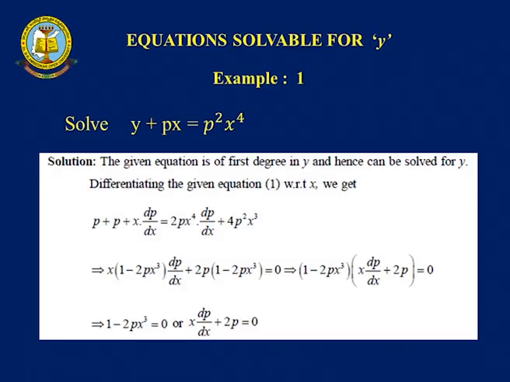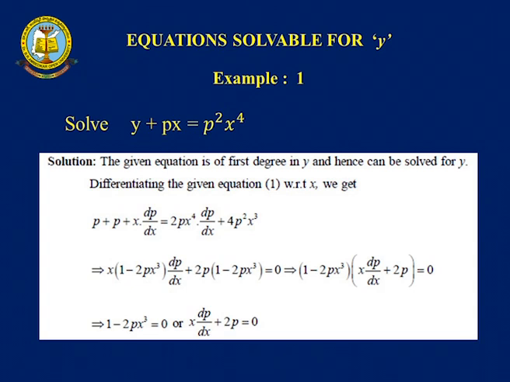Solve for y means, first we differentiate the given differential equation with respect to x. Differentiating y with respect to x becomes dy by dx, which is nothing but p. For px we apply the uv formula, and we get p plus x into dp by dx.